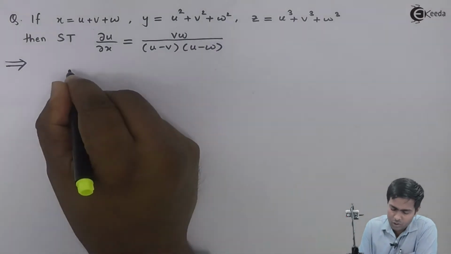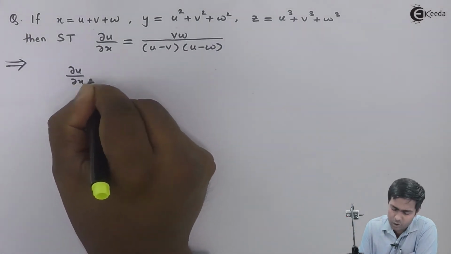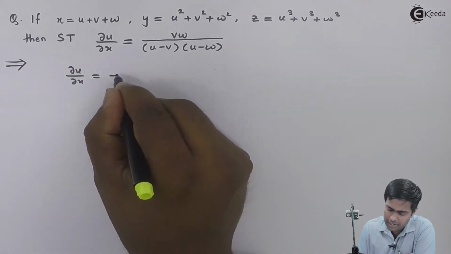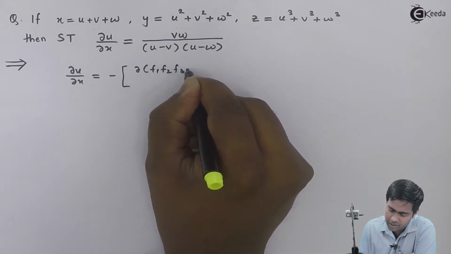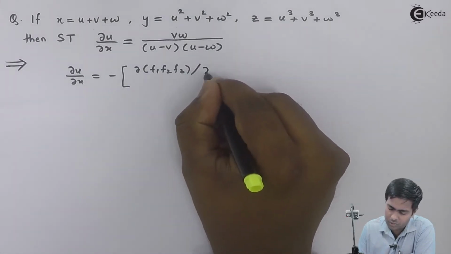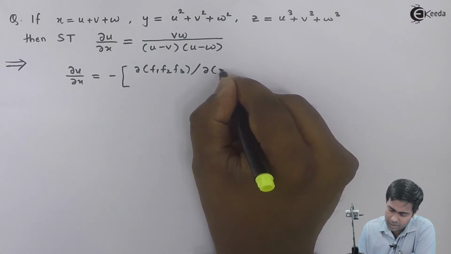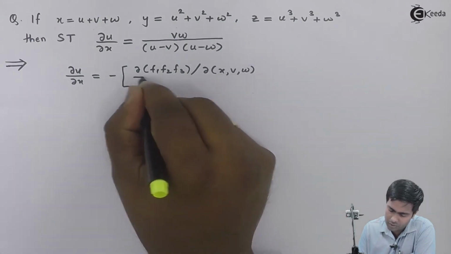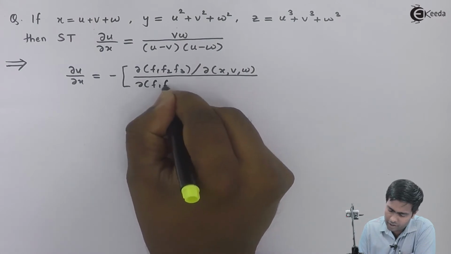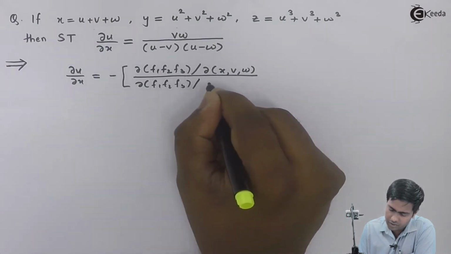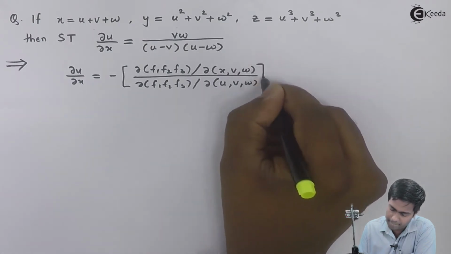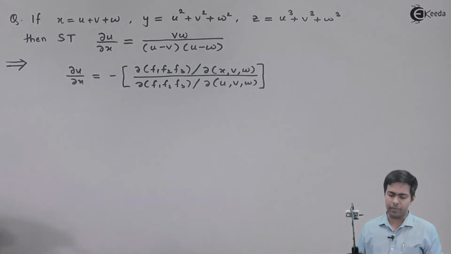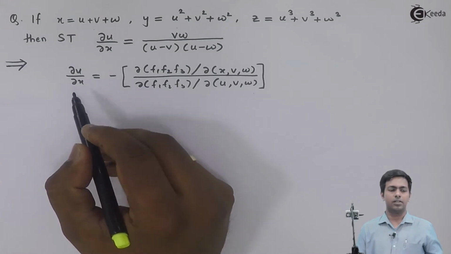To find ∂u/∂x using Jacobians, the formula is minus of ∂(f1, f2, f3) with respect to (x, v, w) divided by ∂(f1, f2, f3) with respect to (u, v, w). So we are going to make use of this formula to find the value of ∂u/∂x.